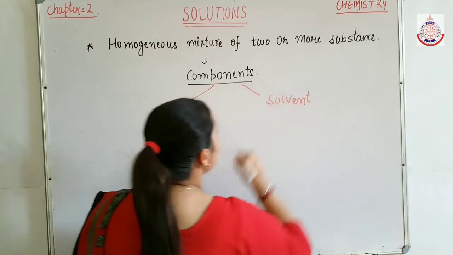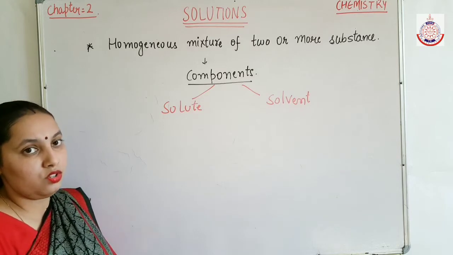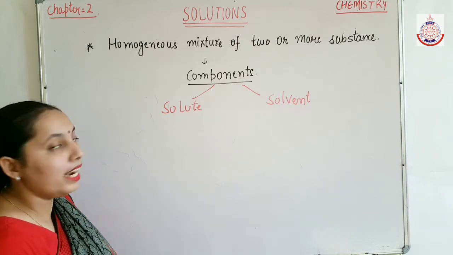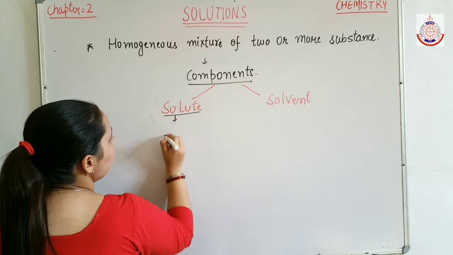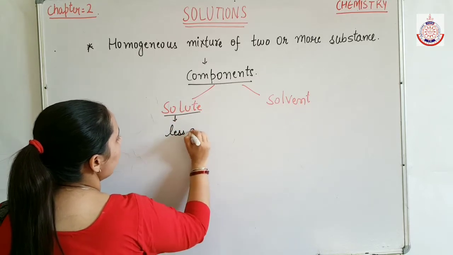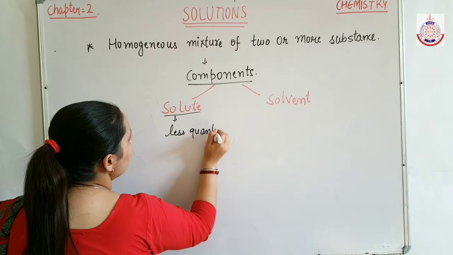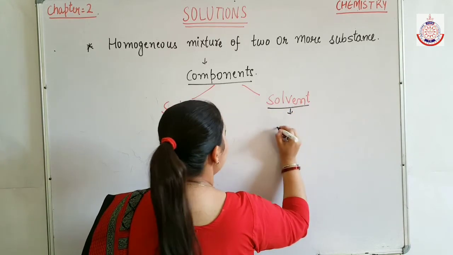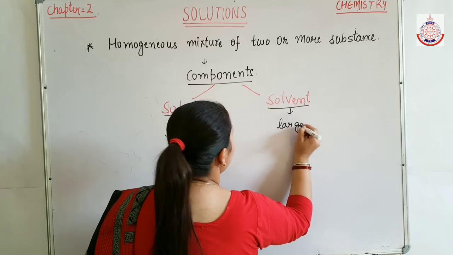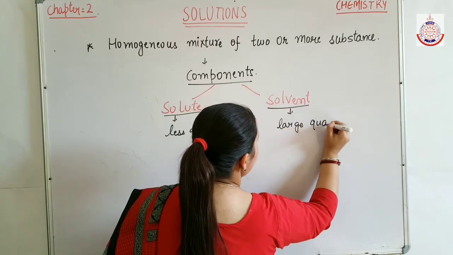Now what is this solute and what is this solvent? Firstly, let's understand what solute is. The substance which is present in less quantity is known as solute, and the substance which is present in large quantity is known as solvent.